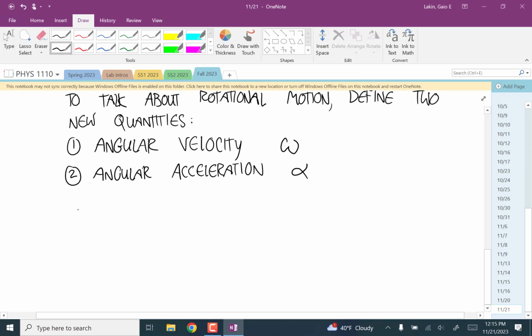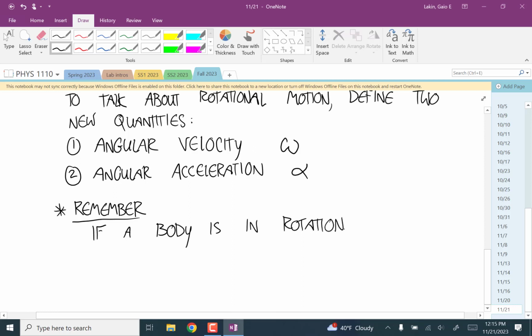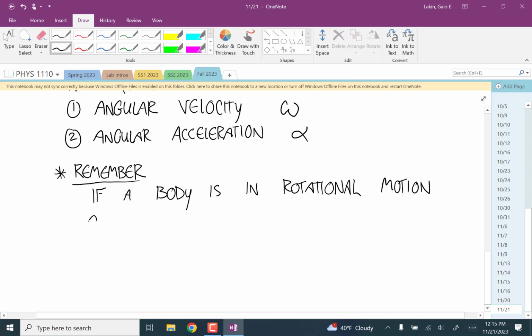And one thing to remember about these: if a body is in rotational motion, the angular velocity omega and the angular acceleration alpha are the same for the whole body.